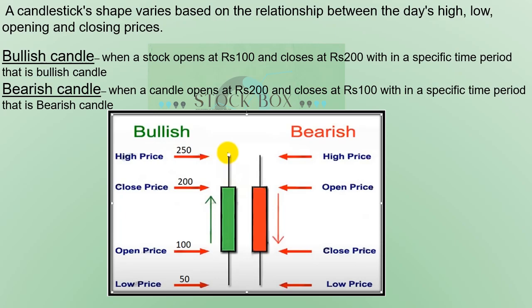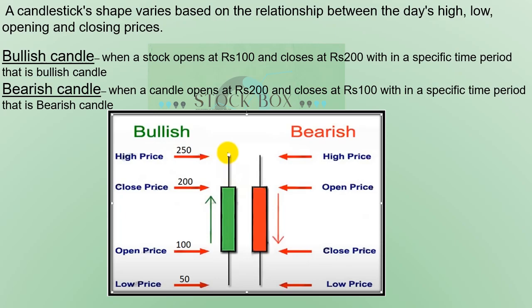When a stock opens at rupees 100 and closes at rupees 200 within a specific time period, that is a bullish candle. Whereas when a stock opens at rupees 200 and closes at rupees 100 within a specific period of time, it is called a bearish candle.